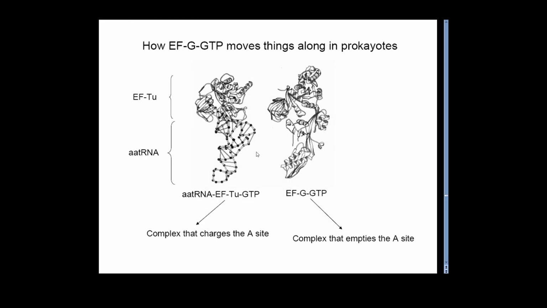Now you can see elongation factor G or elongation factor 2 in eukaryotes have similarity in structure like an amino acid tRNA and elongation factor, with the possibility of binding with the A site.